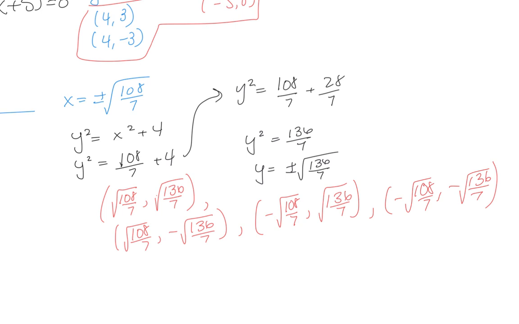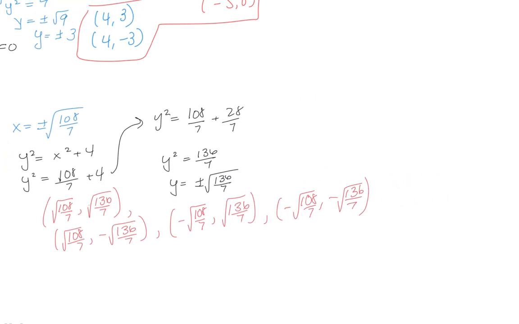Algebraically, we found a solution, right? It shows you where they intersect. However, when you go back and check this in the original equations, they don't check. So you can get solutions algebraically, but they don't check in the original problem. Now remember, we had x squared plus y squared is equal to 4.